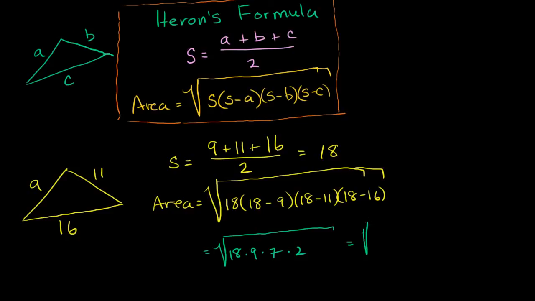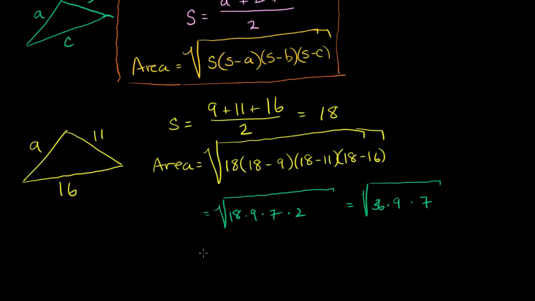This is equal to the square root of 36 times 9 times 7, which is equal to the square root of 36 times the square root of 9 times the square root of 7. Square root of 36 is just 6. This is just 3. I mean, you don't deal with the negative square roots because you can't have negative side lengths. And so this is going to be equal to 18 times the square root of 7.